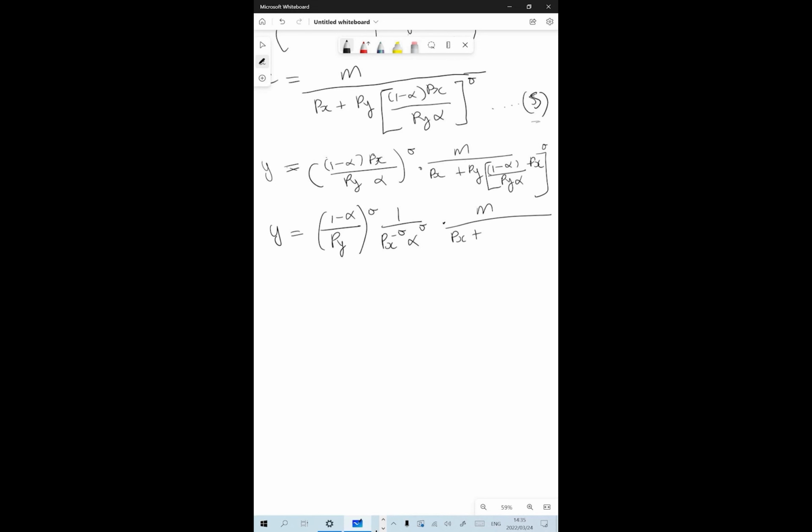Same for the other side of the equation. Everything that's down, we can just bring up so we don't have a denominator within another denominator.